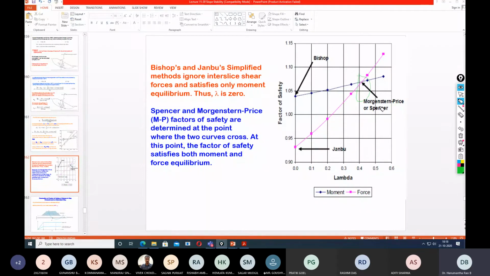Even the Spencer method satisfies both force and moment equilibrium. This is the most complicated, the Morgenstern-Price method. Janbu's method, Sharma's method, Morgenstern-Price method, Spencer method, almost all the methods consider only this kind of analysis. So once you know one method, you can easily understand all the remaining methods.